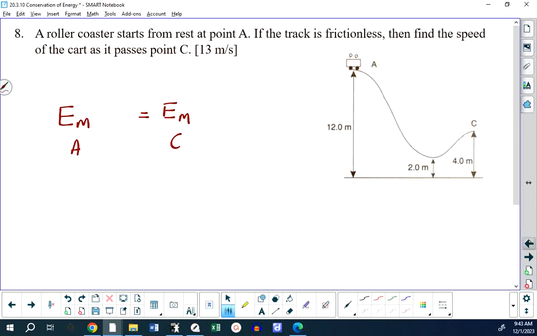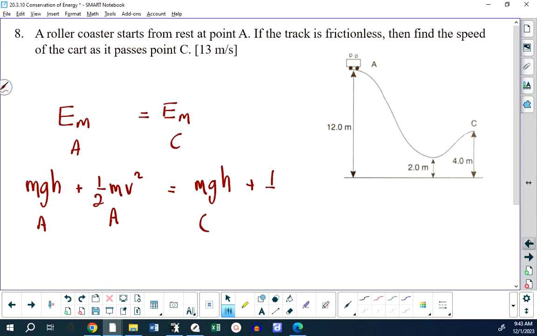So what we mean is this: mgh at A plus 1/2 mv squared at A equals mgh at C plus 1/2 mv squared at C. And again, I don't really believe you need to write those subscripts all the time.